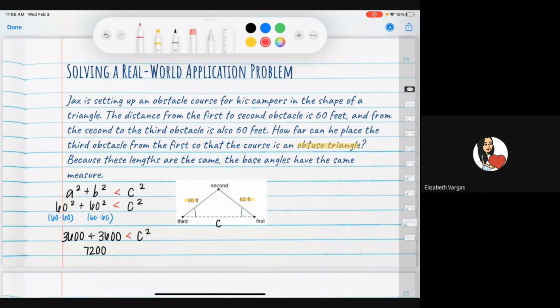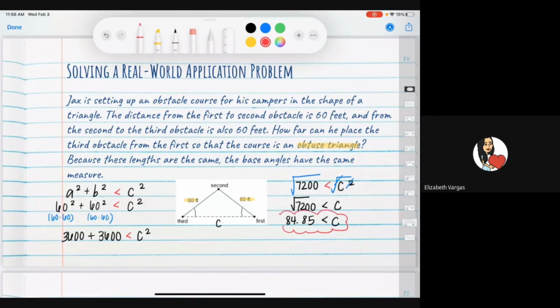This is equal to 7,200, which again must be less than the square of my remaining side. How do I find what my remaining side must be? Well, I can go ahead. Let me move this. I will take the square root of both sides to eliminate my square, which leaves me with the square root of 7,200 is less than the measure of C. The square root of 7,200 is 84.85.